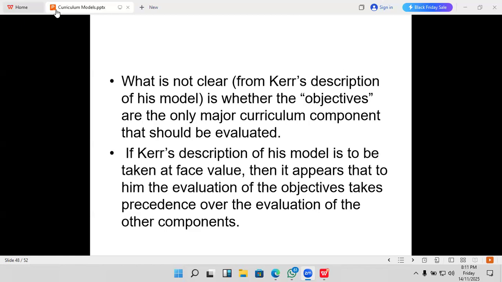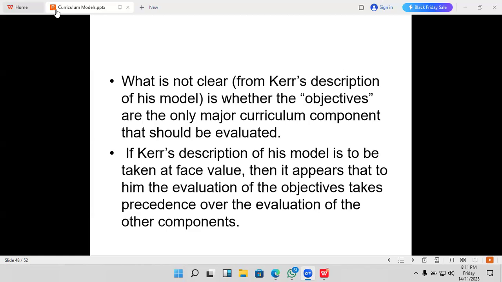In this model, whenever we teach children, students can develop and achieve some objectives that are not expected by the curriculum designer or teachers.